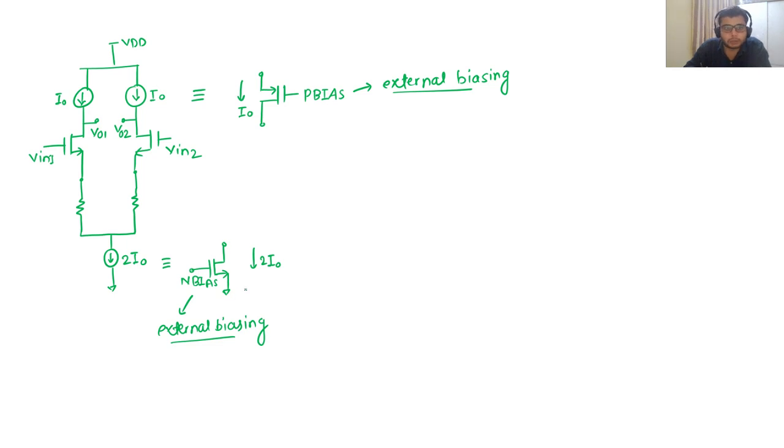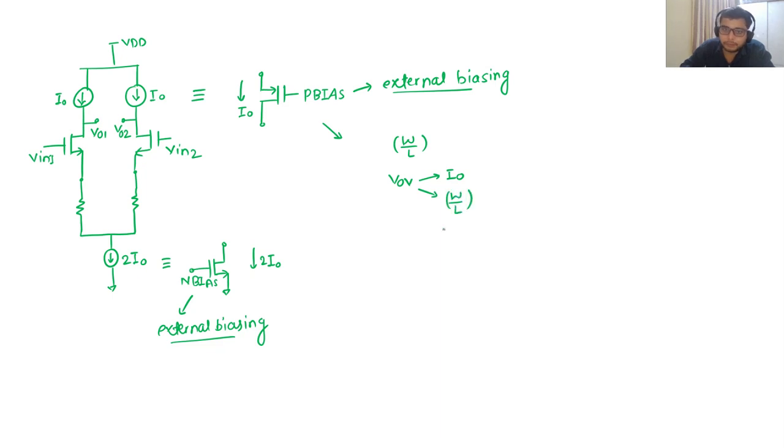For the transistor allowing I0 current across it, if I'm using a size of W/L, then for a particular overdrive voltage I have I0 as the current and W/L as the size.